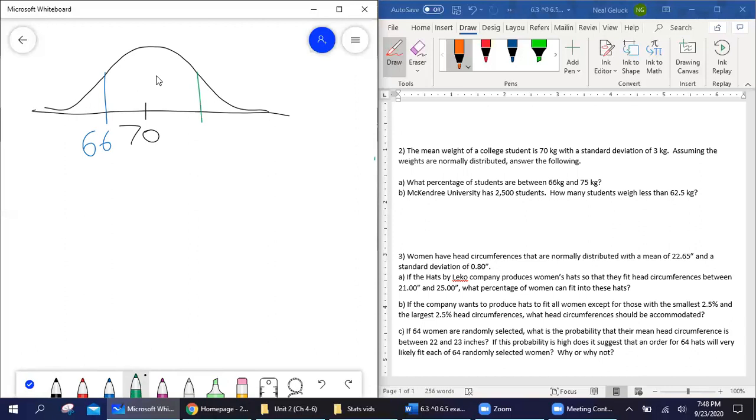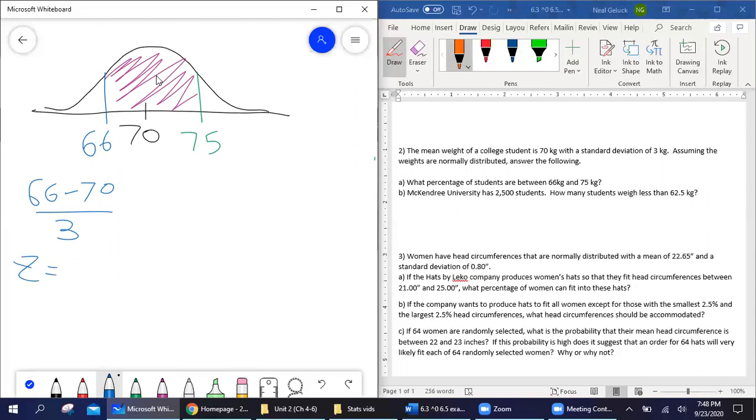That should end up with a positive z-score. And again, I want the in-between. So I first have to convert them over to z-scores. 66 minus the mean divided by the standard deviation. That'll give me a negative 1.3 repeating. So when I round to 2, that'll be negative 1.33.